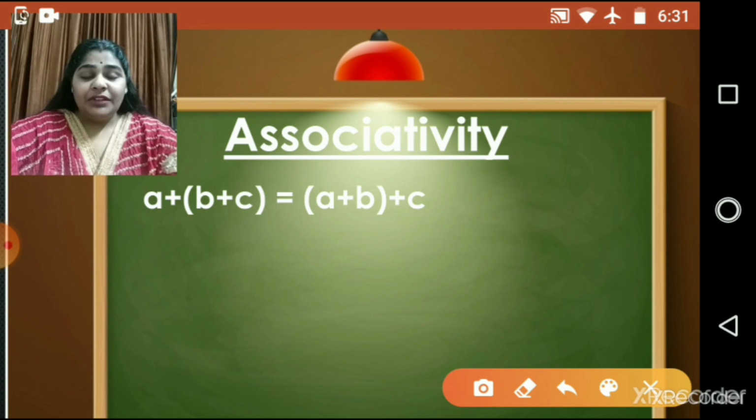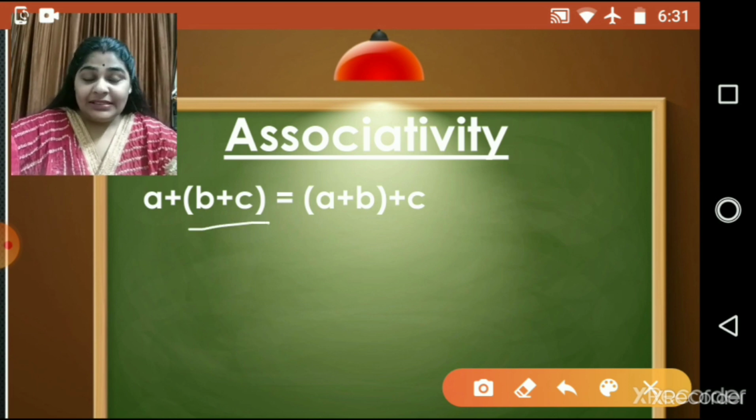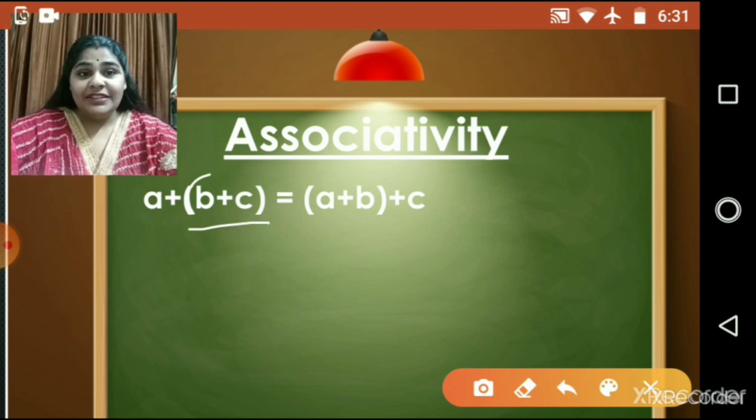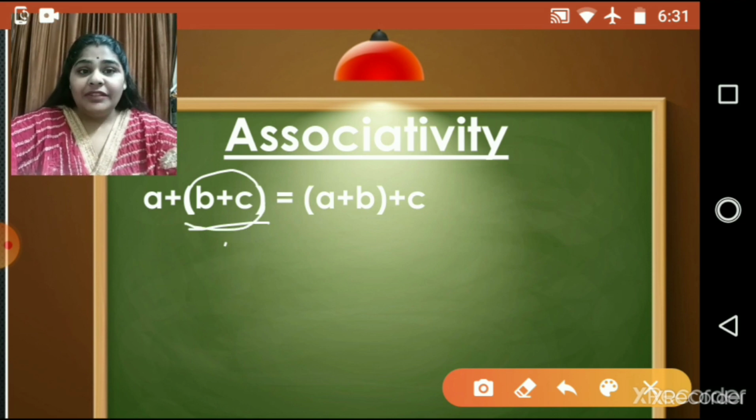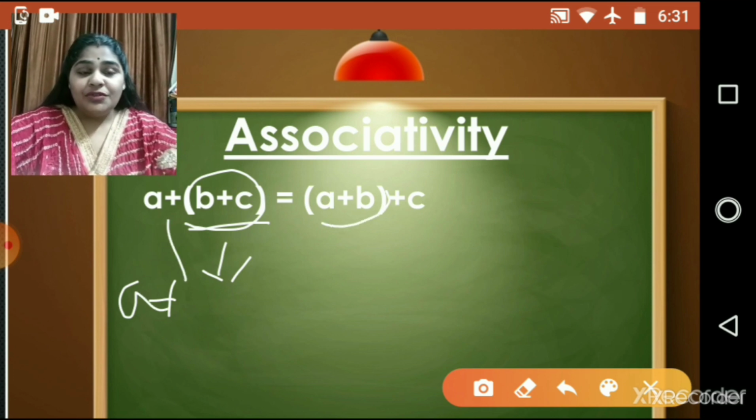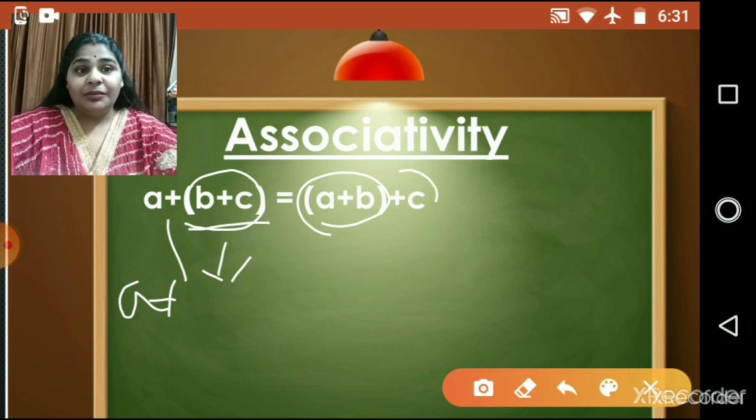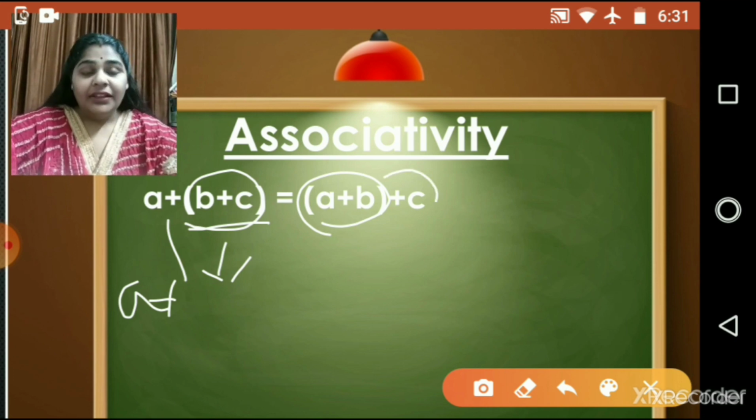In the previous one, if you see here, I have grouped b plus c. That means I will solve this bracket first, and to whatever sum comes, I will add a, right? But here, the first two rational numbers are added and the third one is then added to the sum of that. But still the answer will be the same, children.